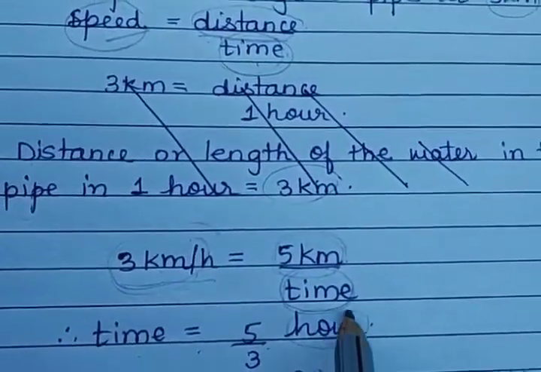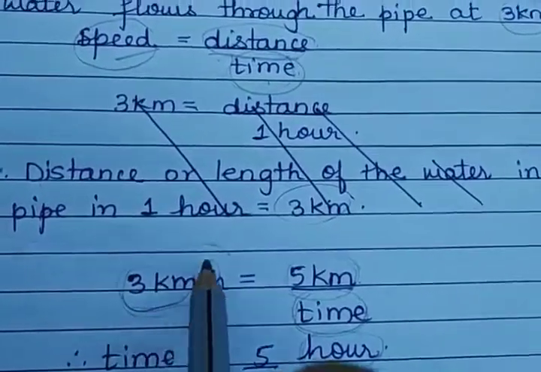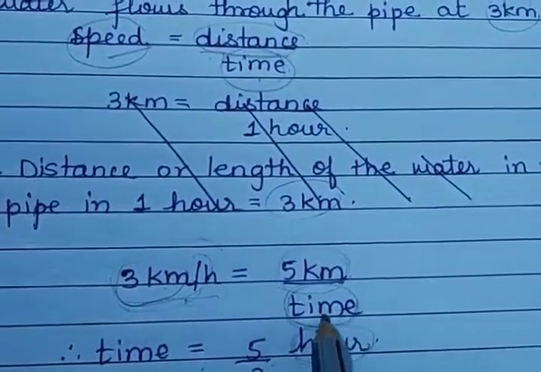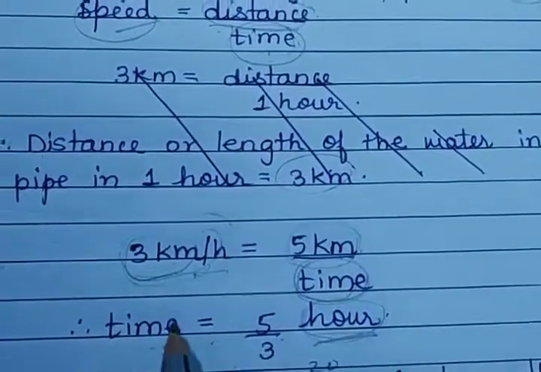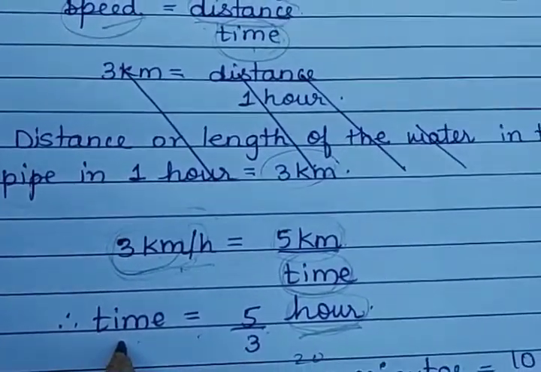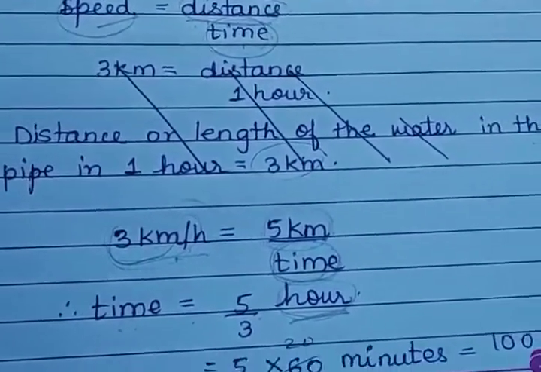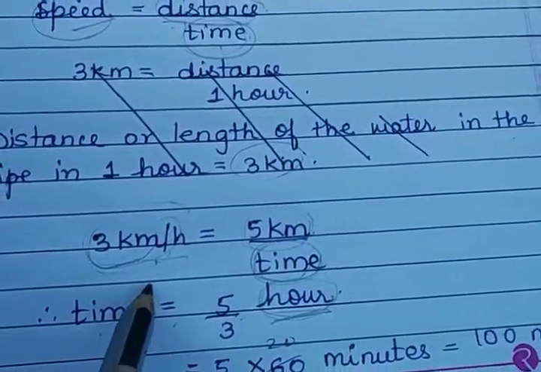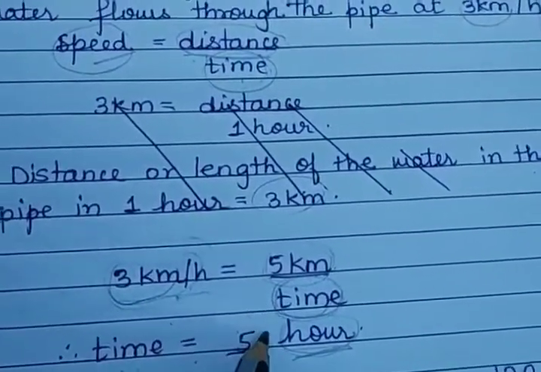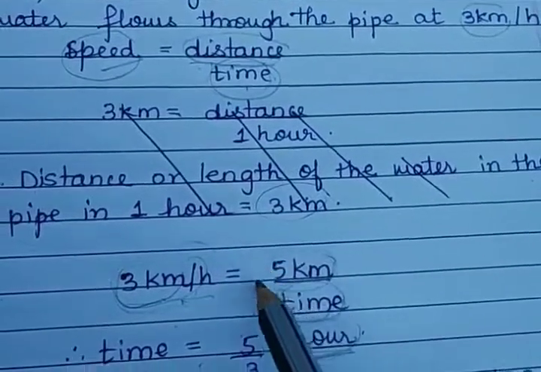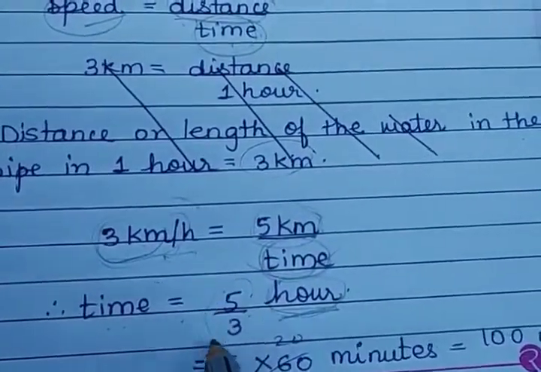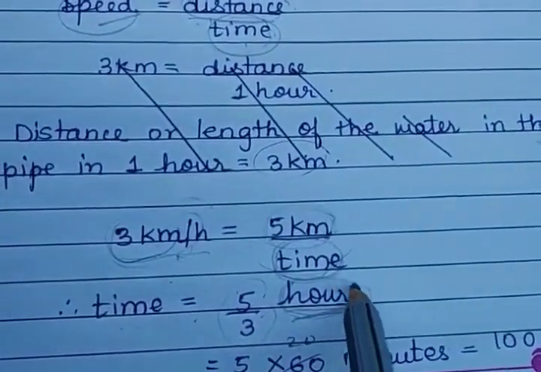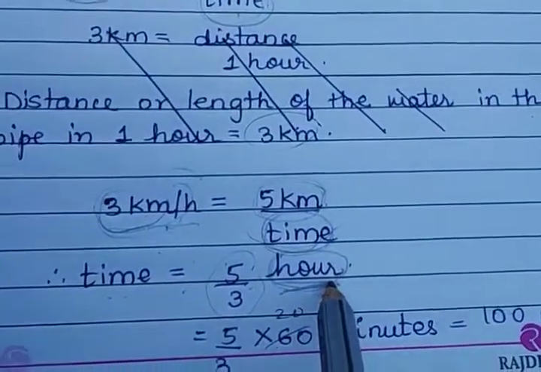The time will be in hours, because this speed is per hour. So if water flows through the pipe at the rate of 3 kilometers per hour, then the time taken to fill the tank will be 5 upon 3 hours. Since this is in hours, let us convert it to minutes.